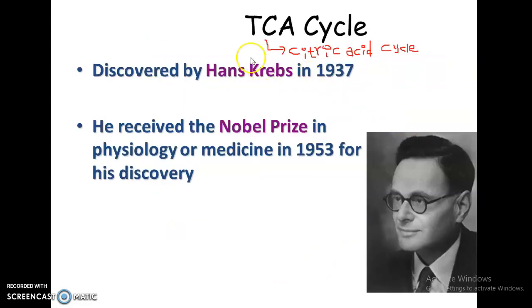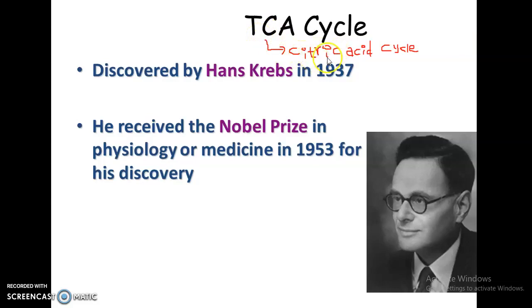It is also called the TCA cycle or citric acid cycle. Why is it called the TCA cycle? TCA is the abbreviation for tricarboxylic acid cycle. Tri means 3, so there are 3 carboxylic groups in the first molecule made in the process, that is citric acid or citrate.